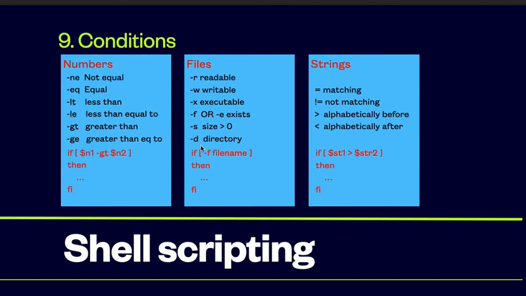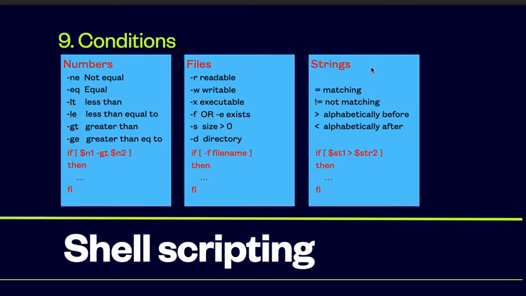And if -d file name is true, that means the file is actually a directory. And the syntax is this operator name and the file name. So this syntax works on all the files.